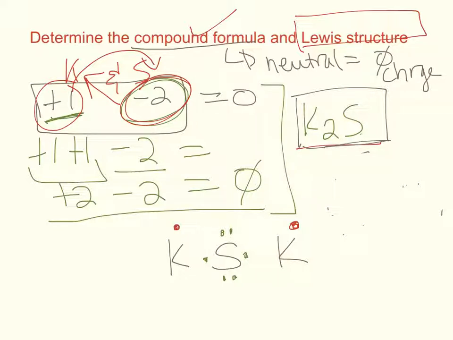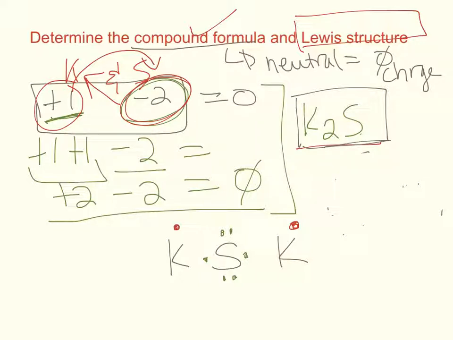So again, we want to use that octet rule, which means that each element wants to have 8 electrons in its outer shell. How we get to 8 electrons can be either by taking in electrons or giving away electrons, and that's important to remember.